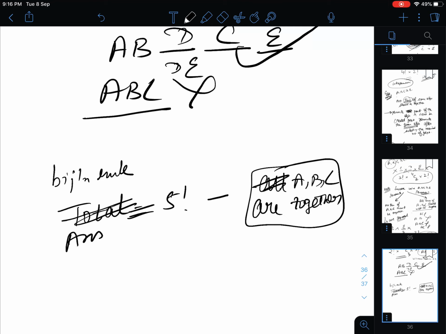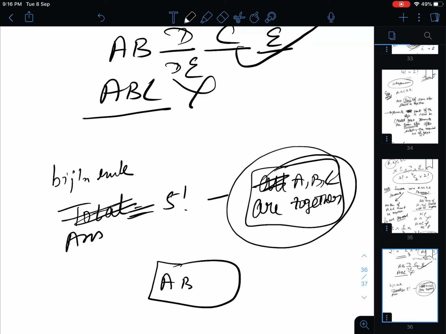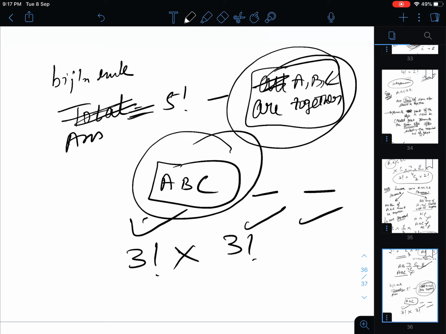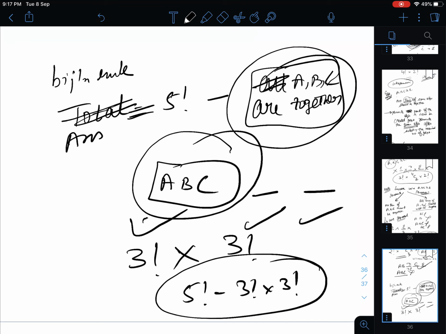To calculate this quantity, tie ABC as a unit. You have the remaining D and E, so you have three boxes. Arrange them in 3 factorial ways, into 3 factorial intra permutations of A, B and C. So your final answer is 5 factorial minus 3 factorial into 3 factorial for scenario 2.